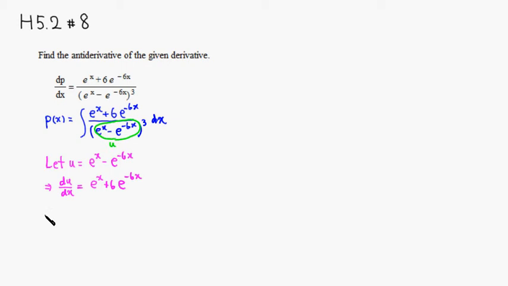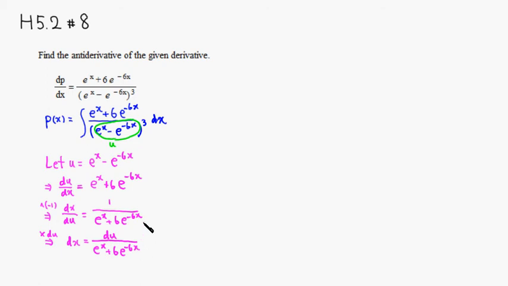Then we can flip it, dx over du, which is 1 over e to the x plus 6 e to the negative 6x. Then we can multiply through by du to isolate dx. So dx is du over e to the x plus 6 e to the negative 6x.